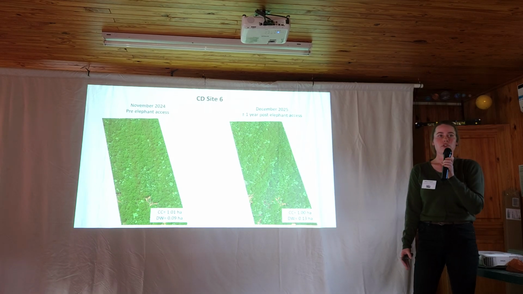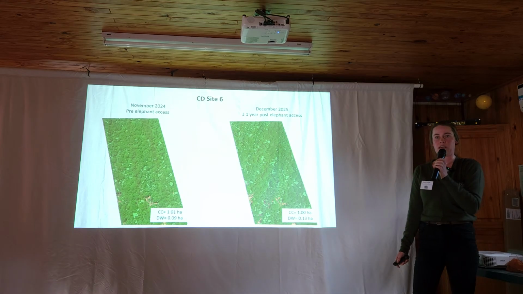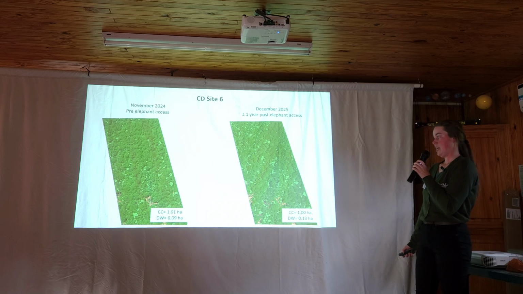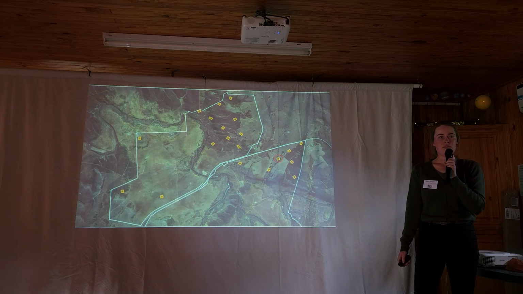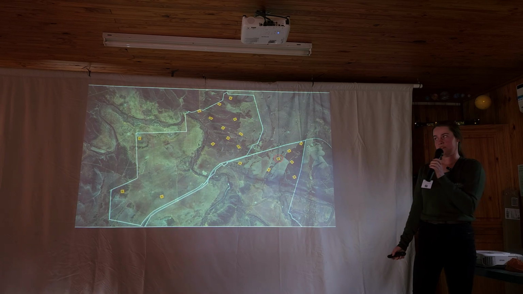It does seem like the overall trend is a decrease in canopy cover and a bit of an increase in deadwood. Interestingly, this site in Ulavani was the one that had the greatest change in canopy cover, but elephants only had access for the shortest amount of time, only 4 months here compared to a year with the other CD sites.